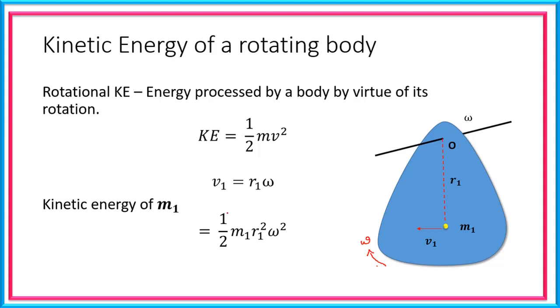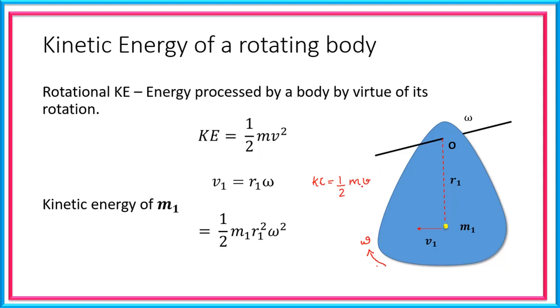Now, the kinetic energy of this mass m1 can be calculated using the formula kinetic energy is equal to half m v square.